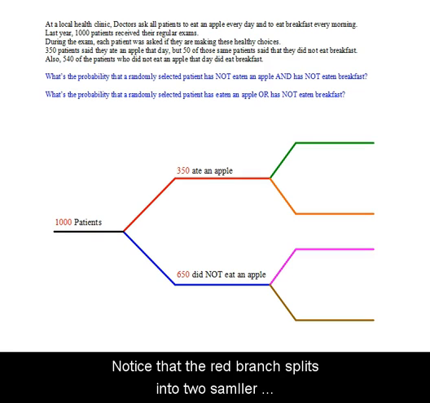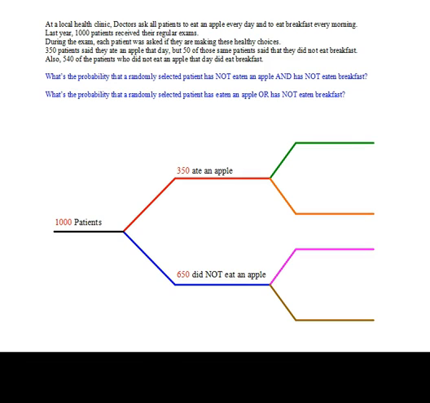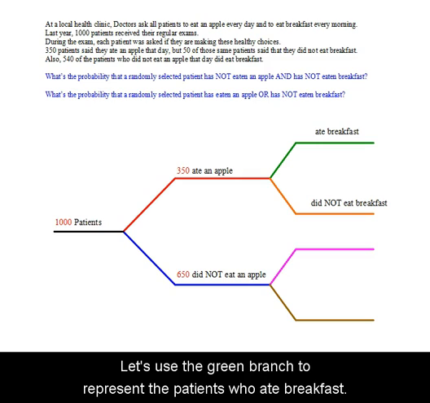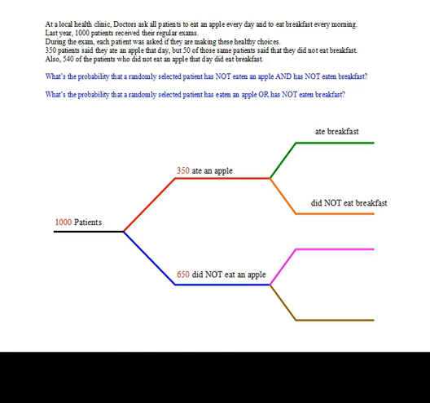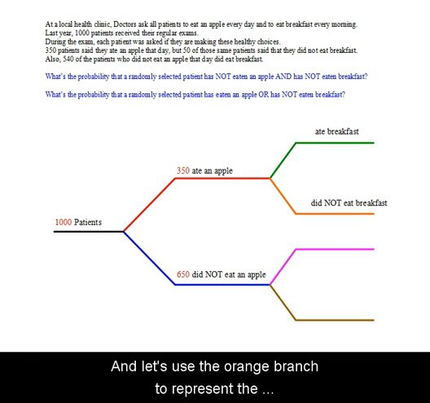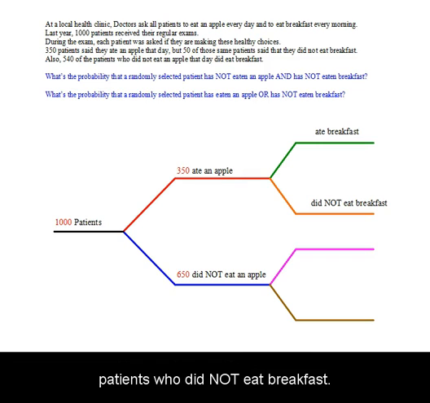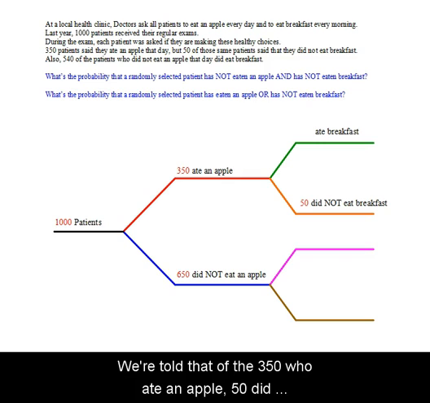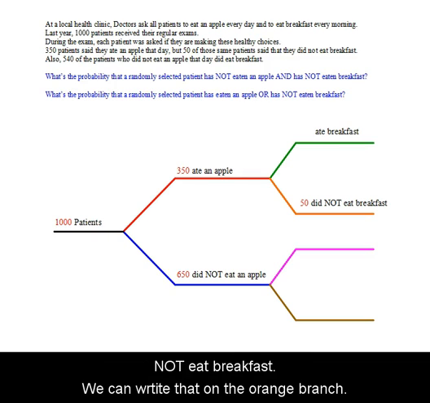Notice that the red branch splits into two smaller branches, a green branch and an orange branch. Let's use the green branch to represent the patients who ate breakfast, and let's use the orange branch to represent the patients who did not eat breakfast. We're told that of the 350 who ate an apple, 50 did not eat breakfast.